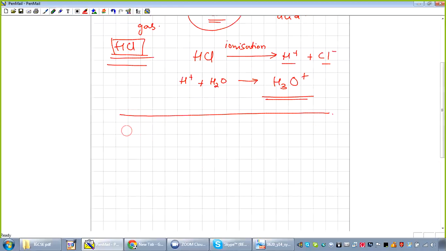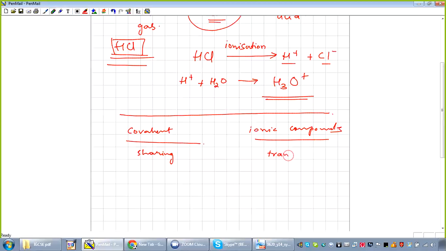I'll come to that difference between dissociation and ionization as well. You have done covalent compounds and ionic compounds. Covalent compounds are formed by sharing of electrons, and ionic compounds are formed by transfer of electrons, that is, give and take of electrons.